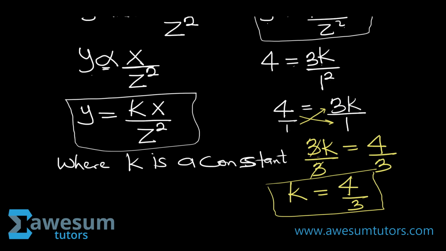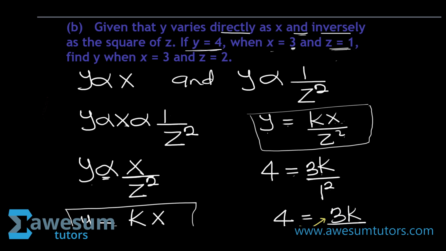Now let us go to the last part of the question. The last part says, find y when x equals 3 and z equals 2.